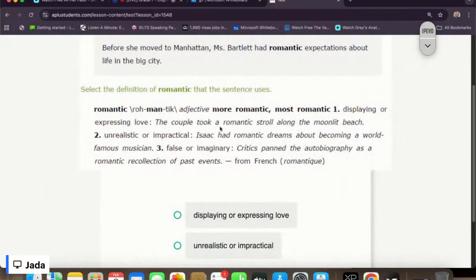Then since she moved to the big city, Miss Bartlett had romantic expectations about life there. So which of the definitions is the right meaning of romantic in the sentence here?